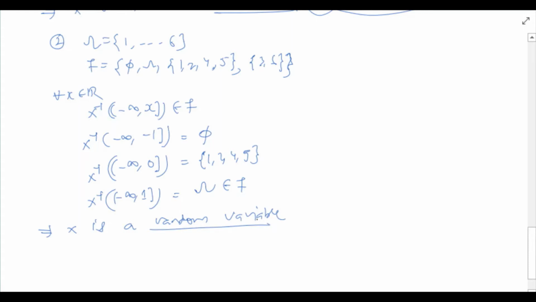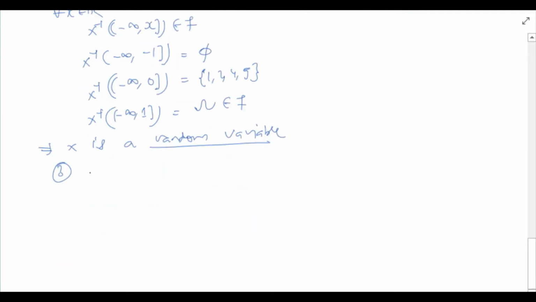Let's consider yet another example. I keep the sample space same as before, but my event space is the power set of omega. That is, it is the collection of all subsets of omega.